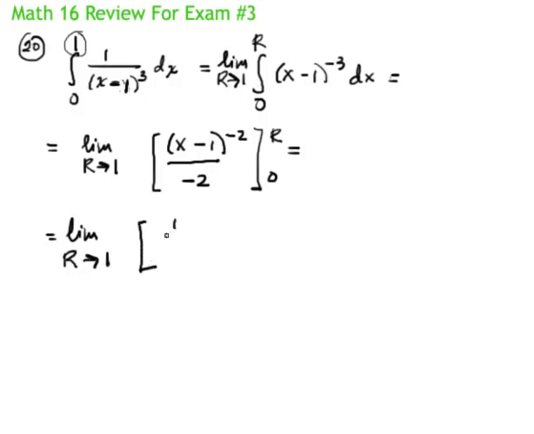Okay, let's first substitute in r. And now let's subtract and substitute in 0. So we're subtracting a minus, so I'm going to put a plus here.